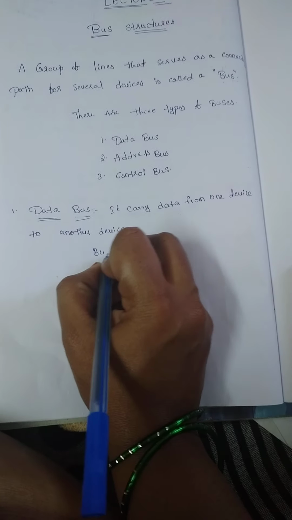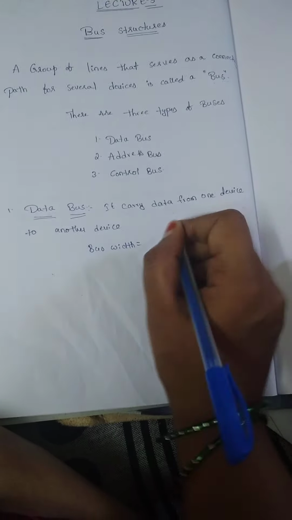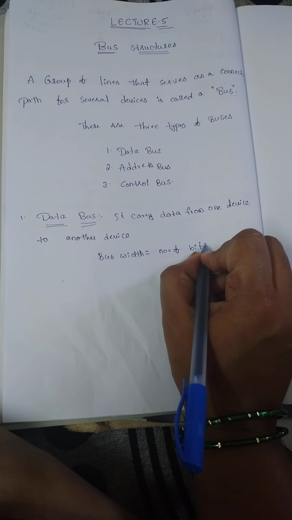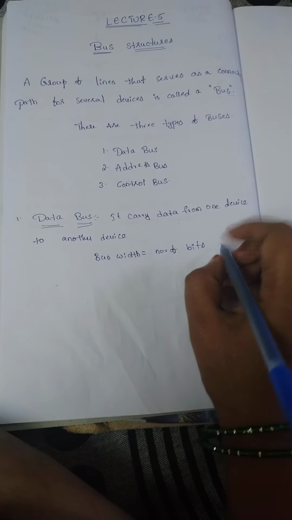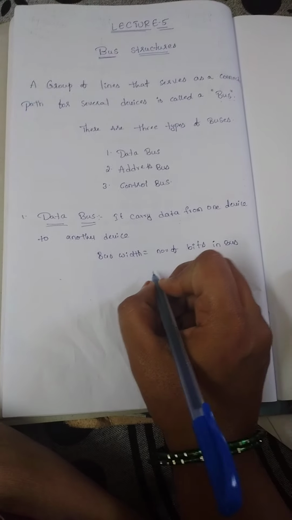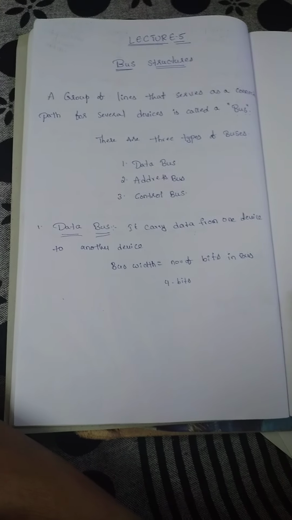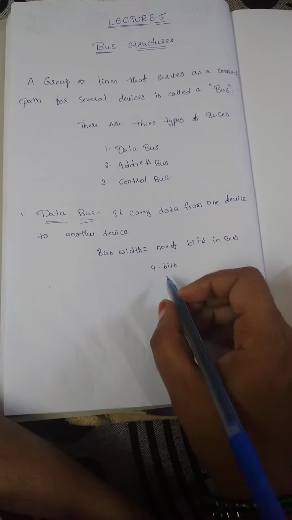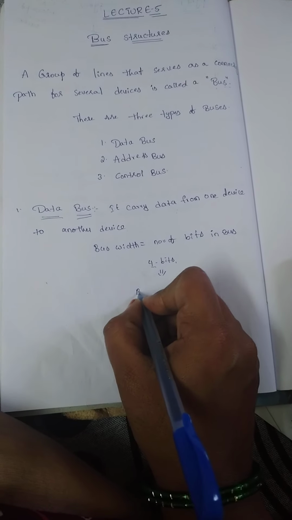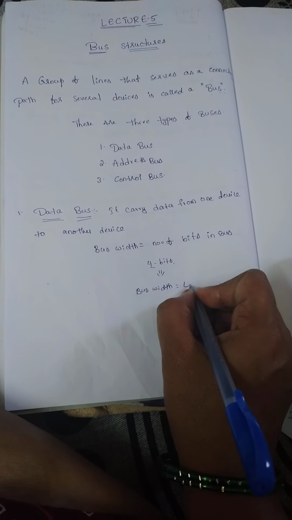For the data bus, the bus width is equal to the number of bits in the bus. Suppose we are transmitting 4 bits through a bus from one device to another, then the bus width is equal to 4.